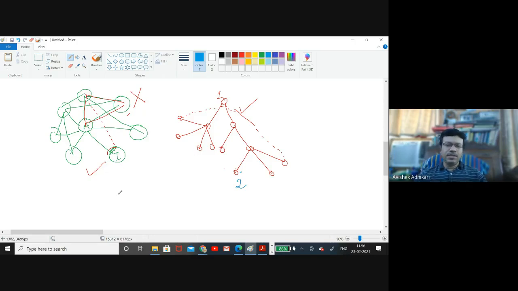Now, can you tell me, suppose I have, say, this is 1, 2, 3, 4, and I want to travel from 1 to 4. How many edges shall we travel through? Suppose this is a tree, and this is a tree again as a tree structure. The interesting point is that if I am traveling through 1, 2, 3 and 4, that is the minimum length path.